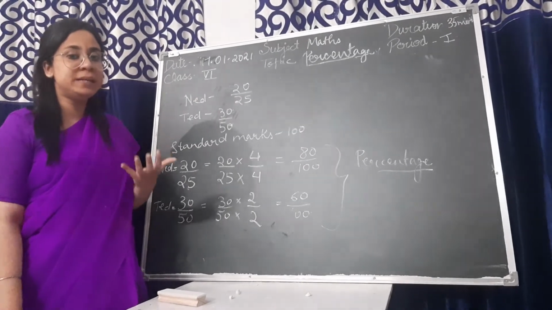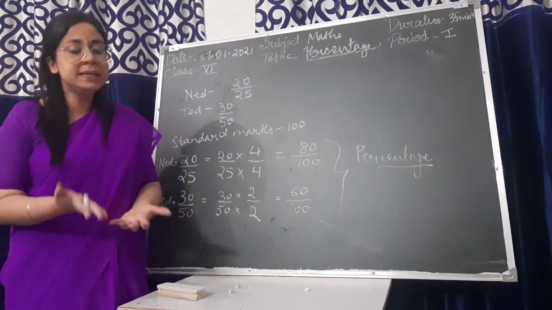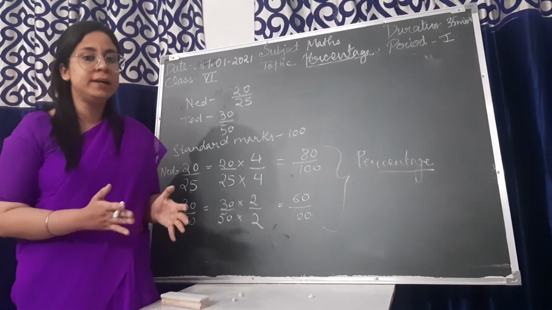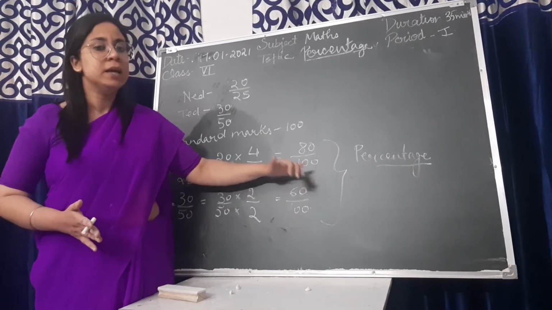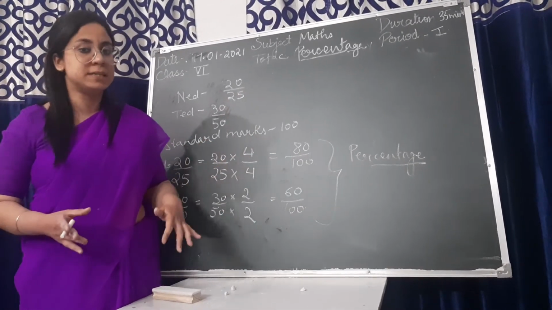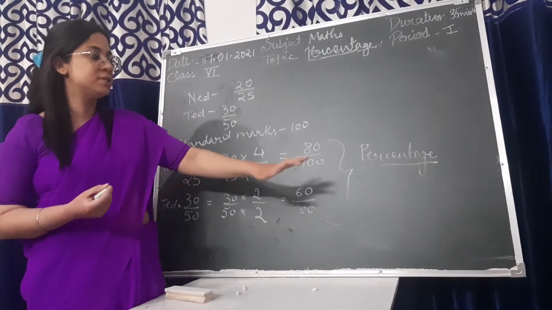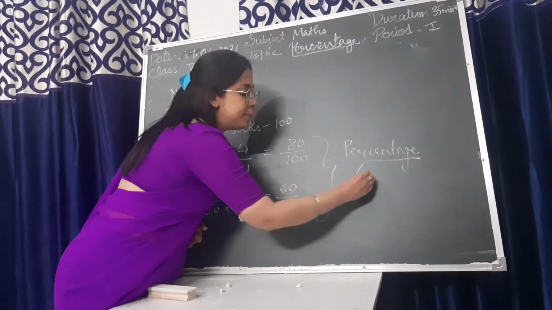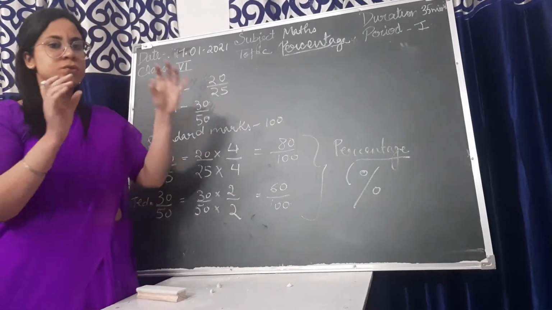Percentage has the meaning in its own word. Percent means out of 100. So whenever we are dealing with scores that are out of 100, we call them percent. And it has its own presentation also because it has a name. We denote it by this sign, a slash and two dots.